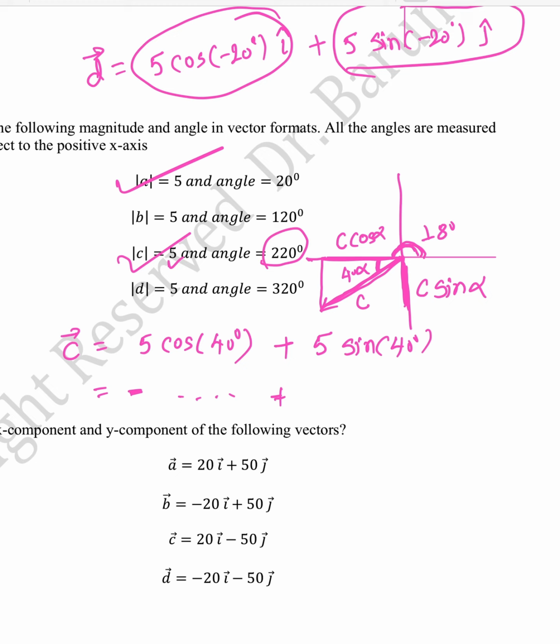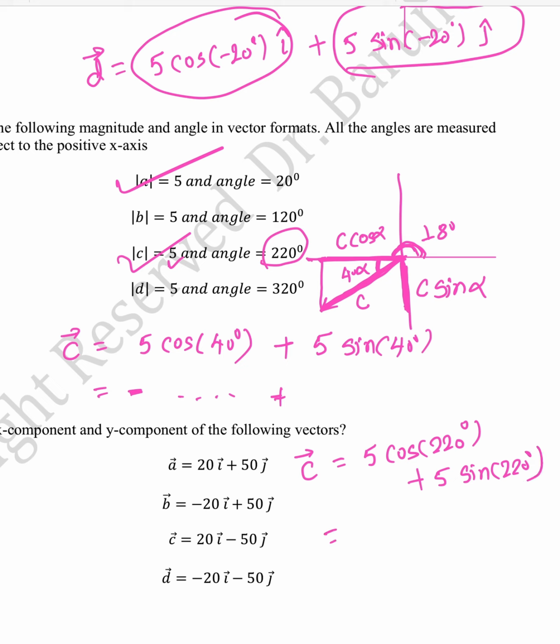Make sure that, as this is in the third quadrant, the x component is along the negative x-axis and the y component is along the negative y-axis, so your answer will be a negative number. But if I use the C vector as 5 cosine 220 degrees plus 5 sine 220 degrees, the answer will itself give me the negative number.